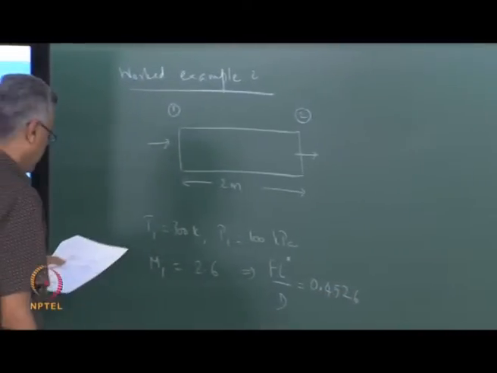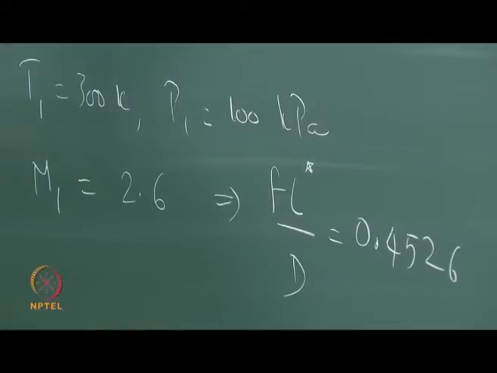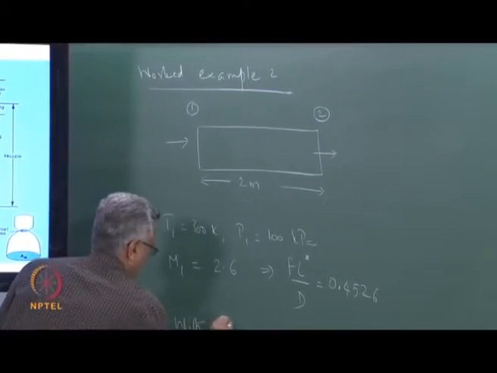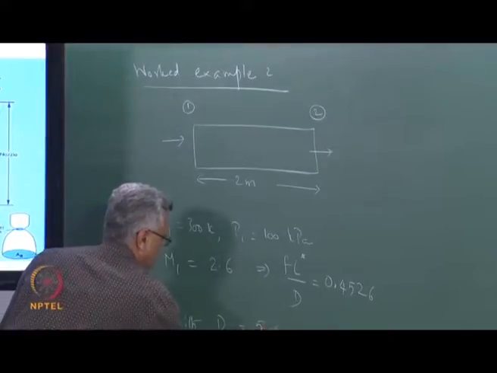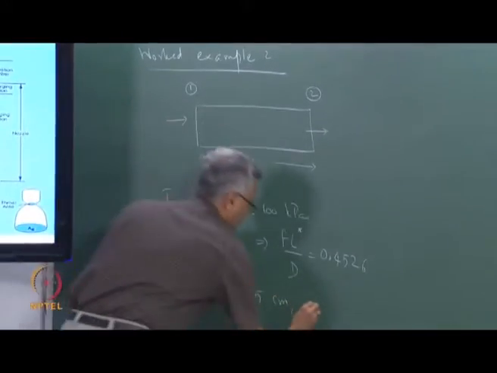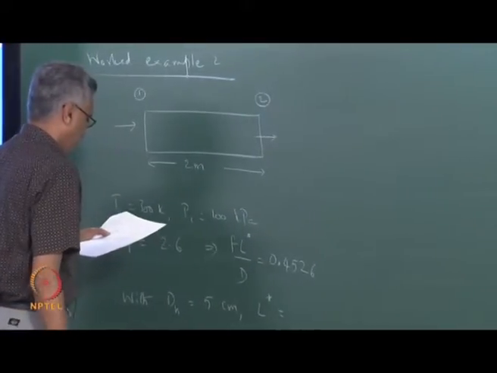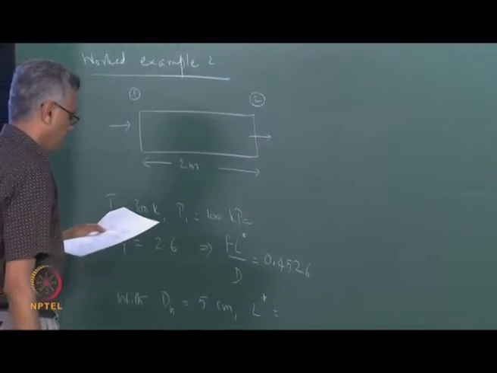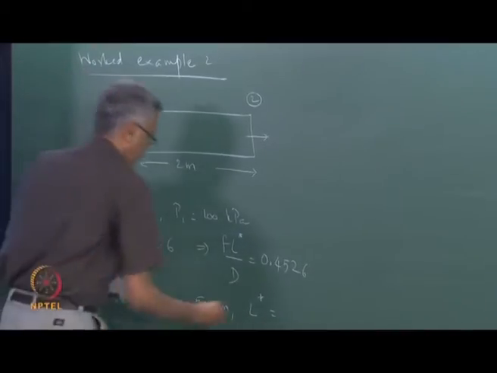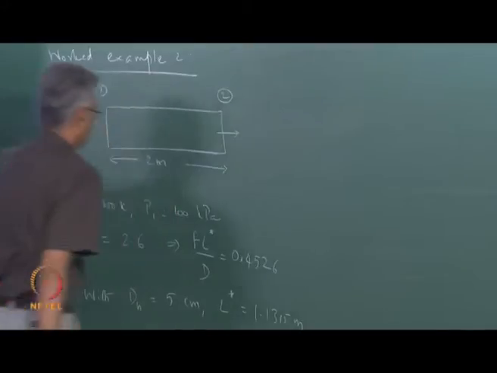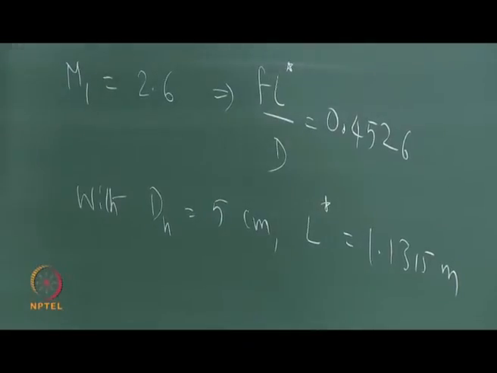Since D here is the hydraulic diameter of the duct, with D_H equal to 5 centimeter, we get L star to be 1.1315 meters, which is less than this length.